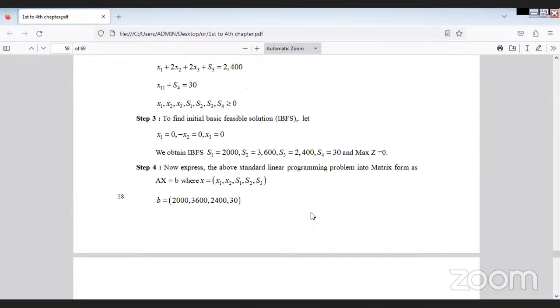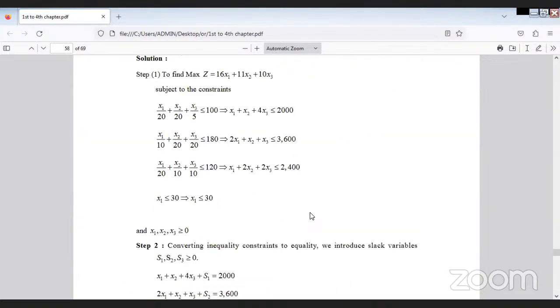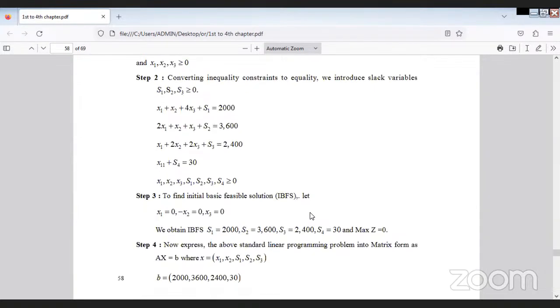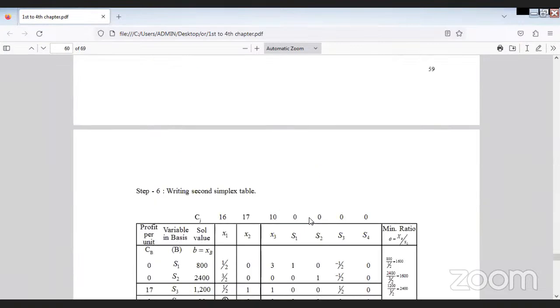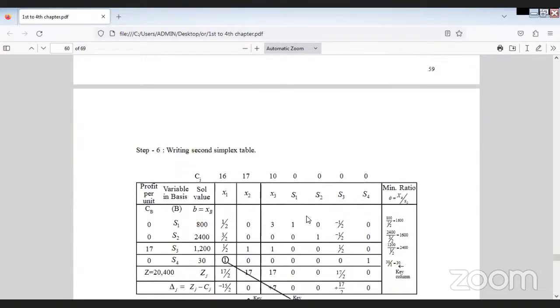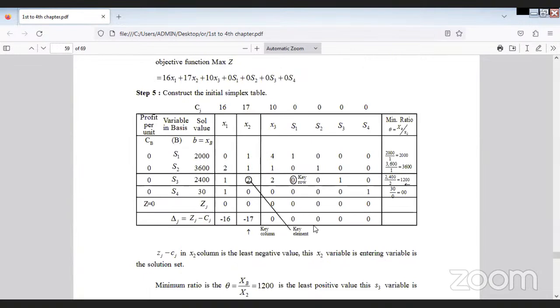800. So this is for the above solution 16 7 10 0 0 0. For s1, just from the solution of the first simplex table, we are taking that 800. Why?